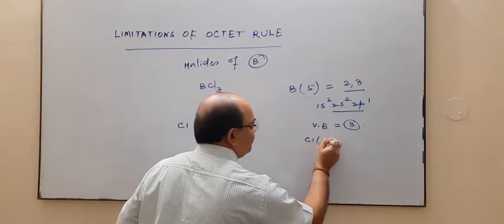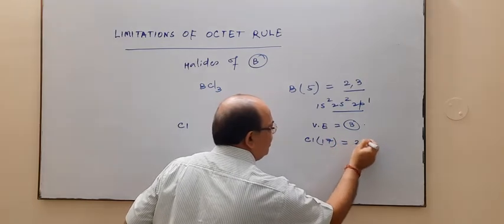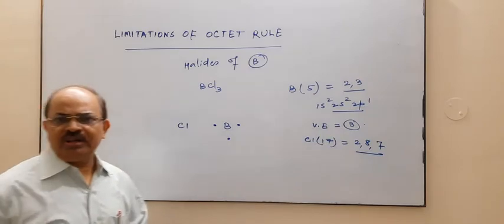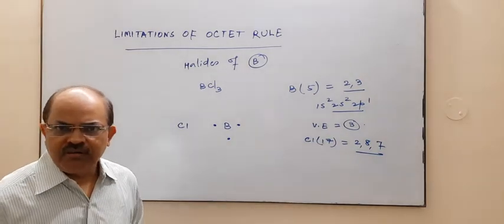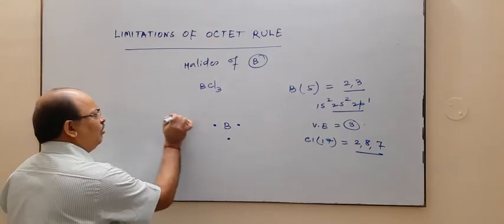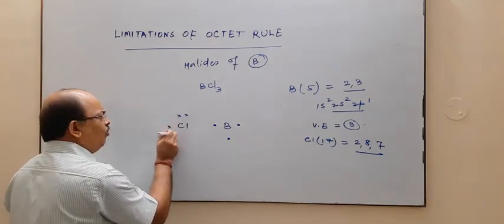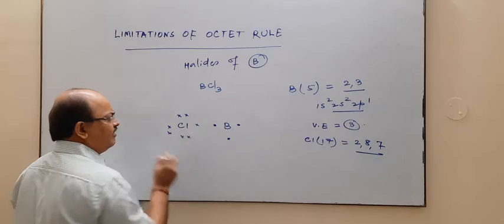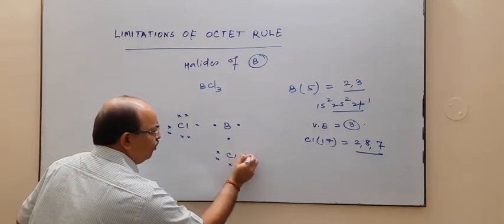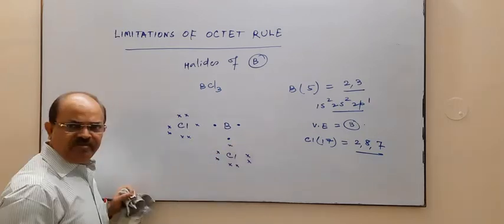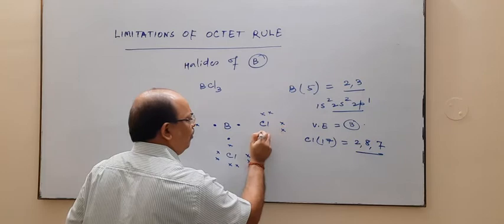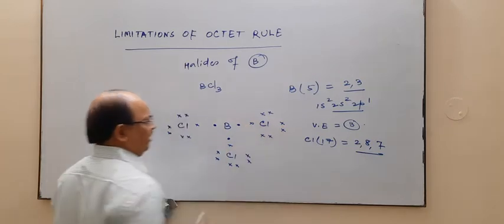Chlorine is 17, यानी कि 2 8 7. तो कोई पूछे what is the valence electron of chlorine, तो आप क्या कहोगे? 7. Now it is 2, 4, 6 and 7. Second chlorine 2, 4, 6 and 7, and this is your third chlorine, 2, 4, 6 and 7.